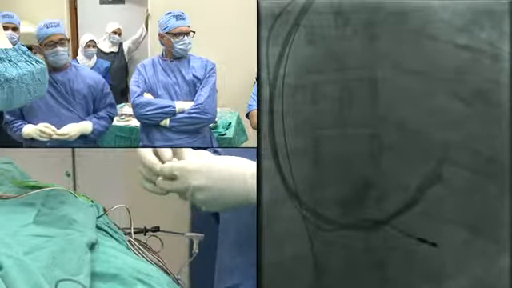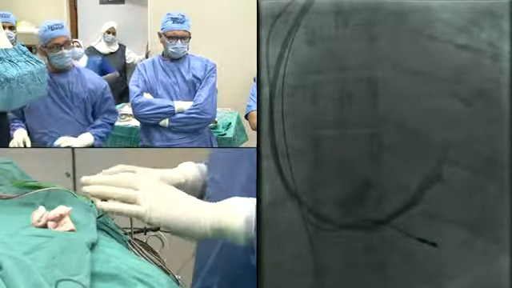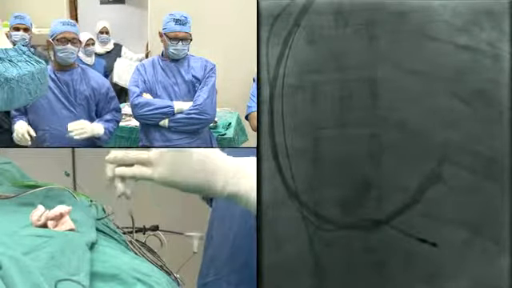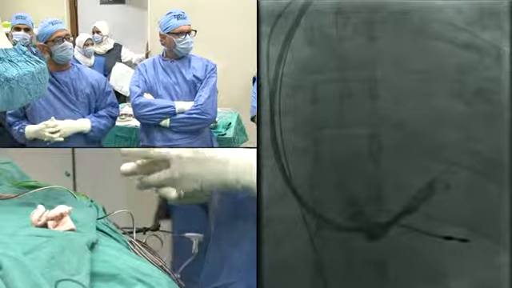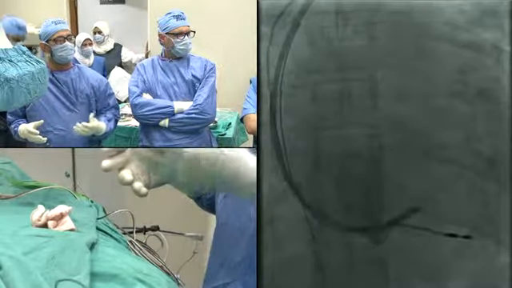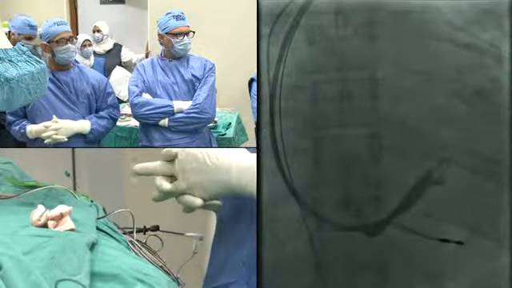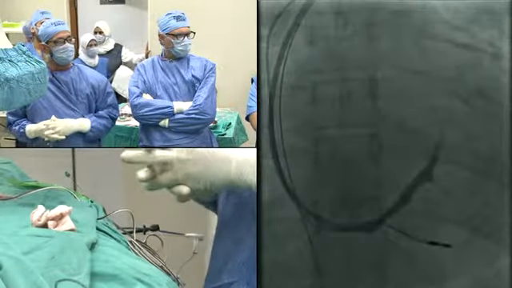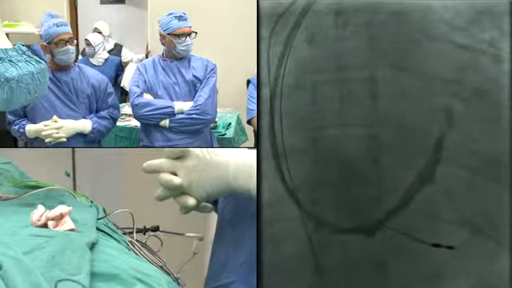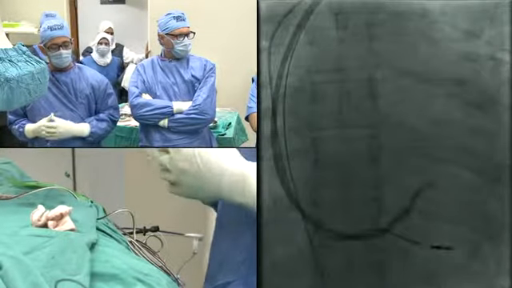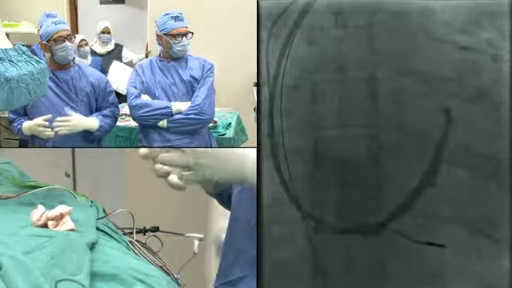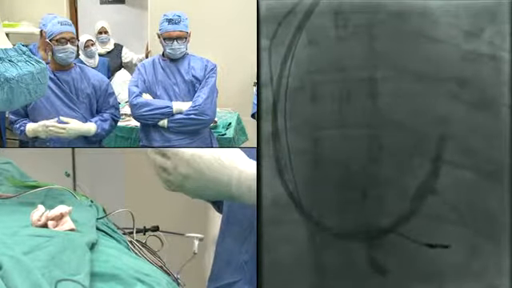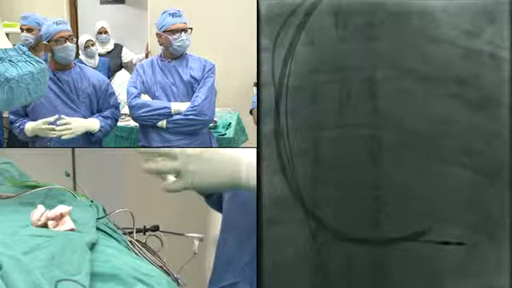The most important step in CRT implantation is good vein selection. In order to get the myocardium resynchronized, we should place the CS lead as far as possible from the RV lead. The typical best sites are the posterolateral position in the mid and basal segments. So we must do an angiogram of the coronary sinus. The Swan-Ganz catheter will block the coronary sinus and allow the contrast to fill all the tributaries.